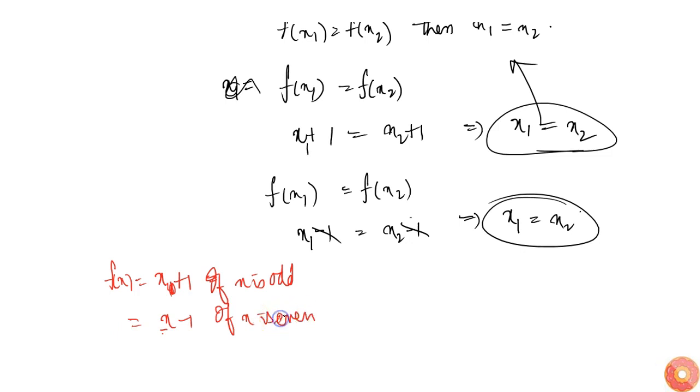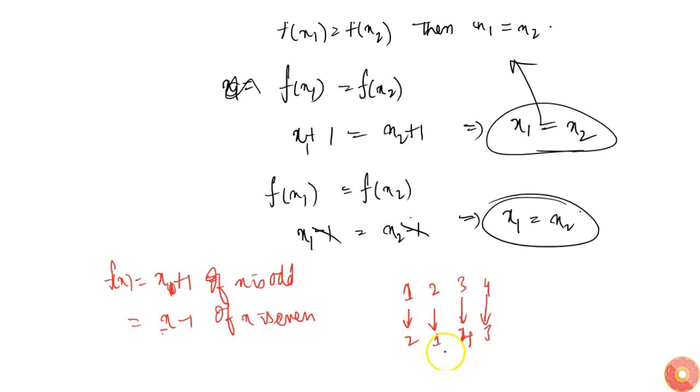So from this, if I take number 1, since inputs are only natural numbers, they begin at 1, then the output is simply 2. If the input is 2, since it's even, I get 2 minus 1, so that is 1. For 3 it is 4, for 4 it is 3.